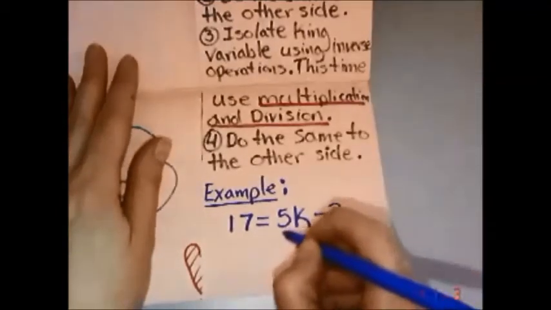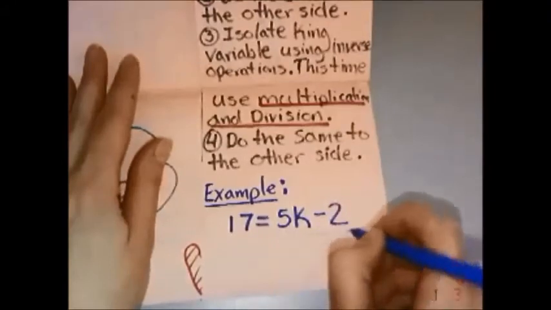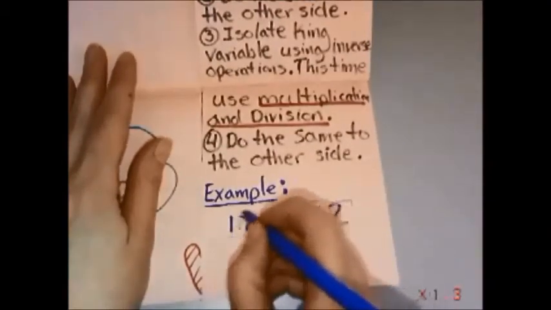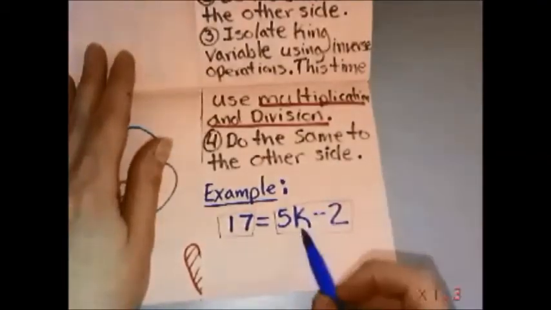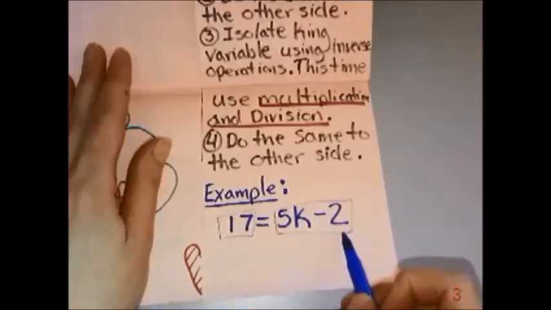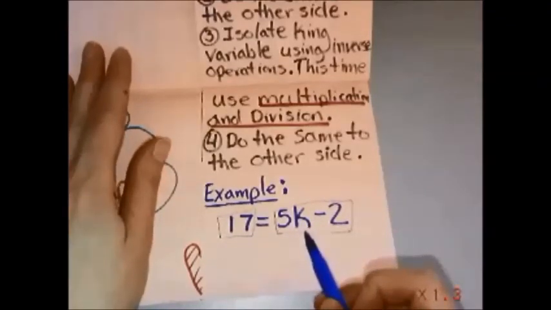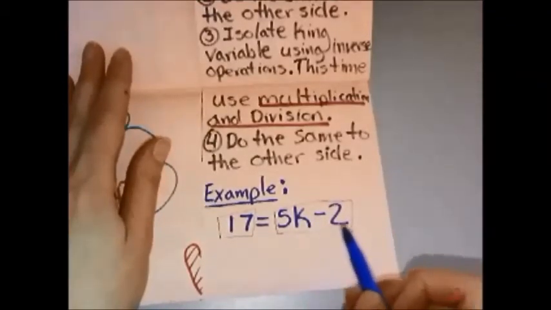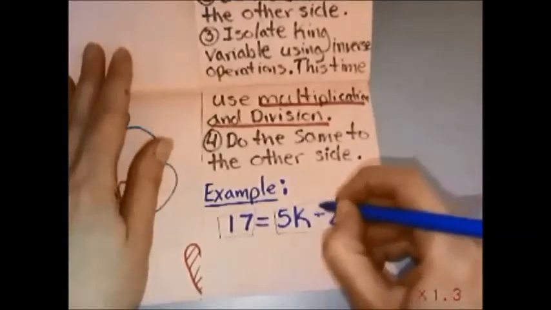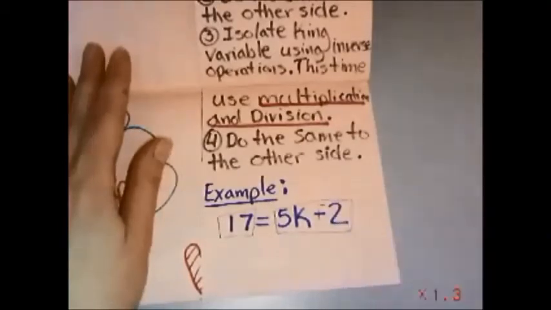Well, first I have to find where is king variable. I'm going to box in the right side of my equation and the left side of my equation. There's king variable. He's on the right side. So I'm going to begin on the right side and I'm going to isolate king variable using addition and subtraction first. Well, I'm going to go ahead and switch this. So I have a negative 2.